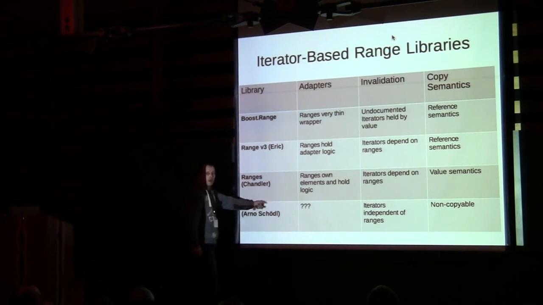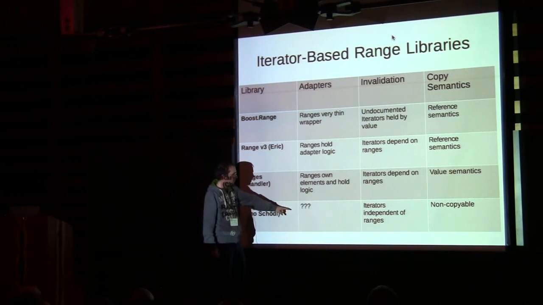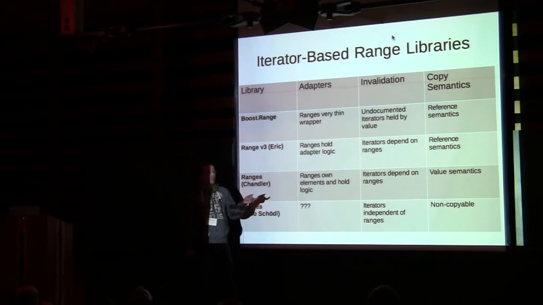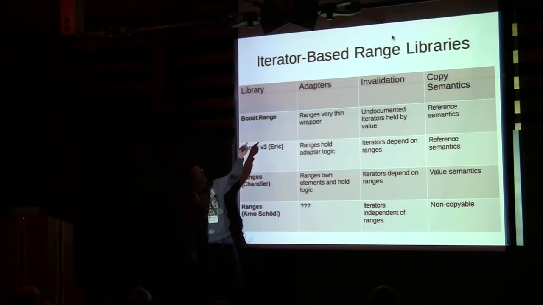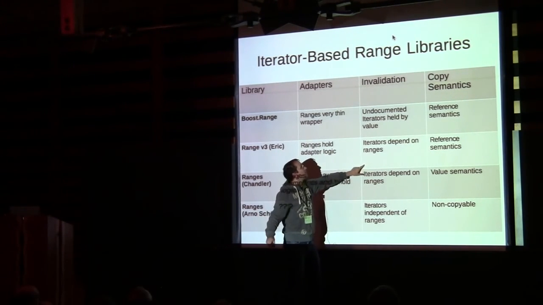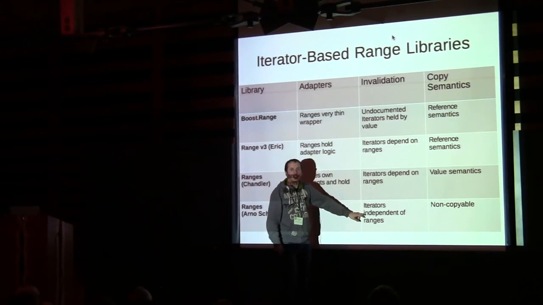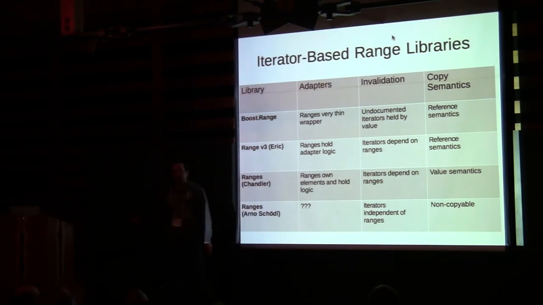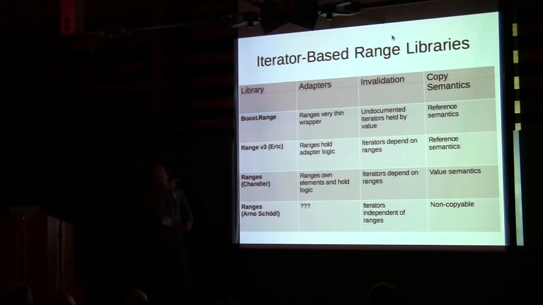I have no idea how Arno's library works in that regard. Actually, I don't know whether the ranges hold adapter logic or not, because one of the arguments he brought up on the mailing list was that this thing is bad. So he argued that the iterators need to still be valid once the range goes away, because of a function like the one that I showed on the much earlier slide, right?